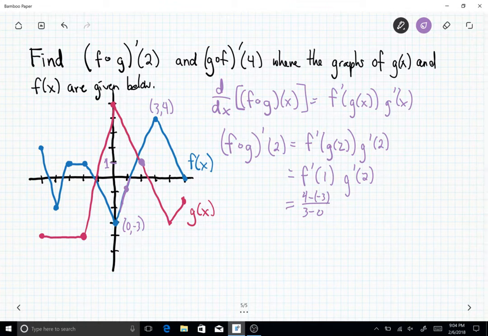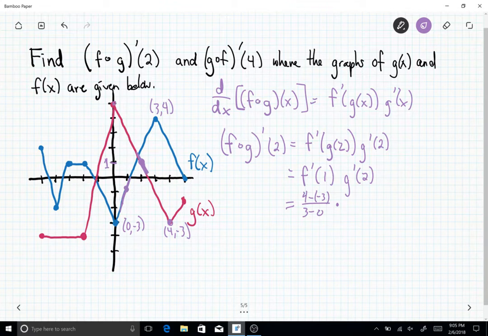In a similar manner, we're looking for the slope of this line for g prime of 2. Notice that's downward. So what happens here? Well, you need the 2 points. In this case, what do we have? 1, 2, 3, 4, so this point right here is 4, -3.